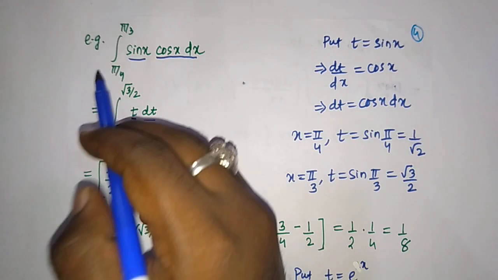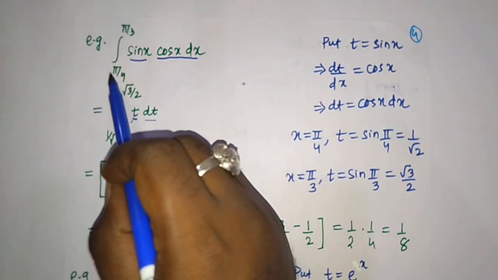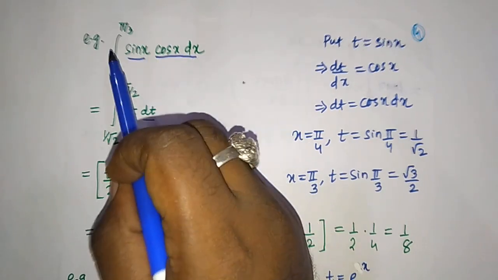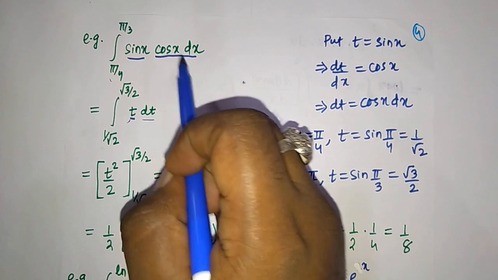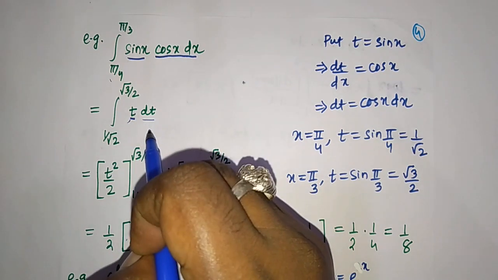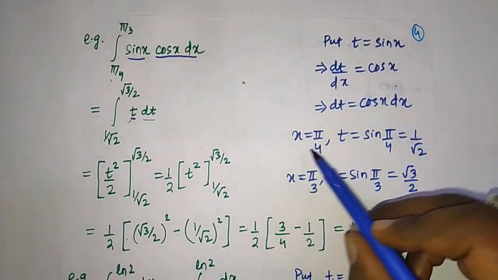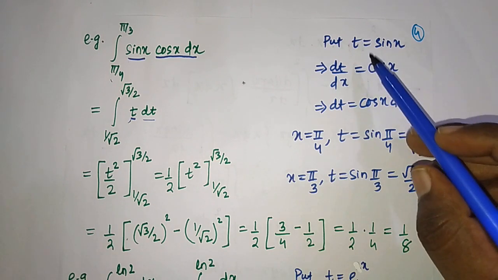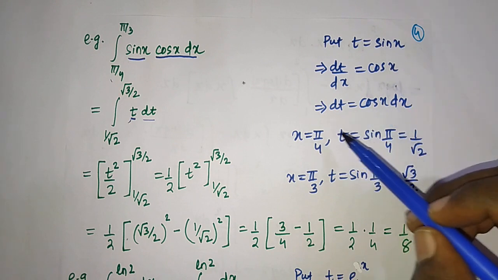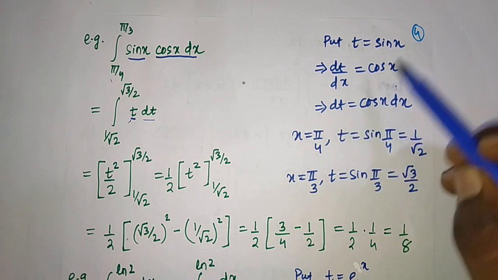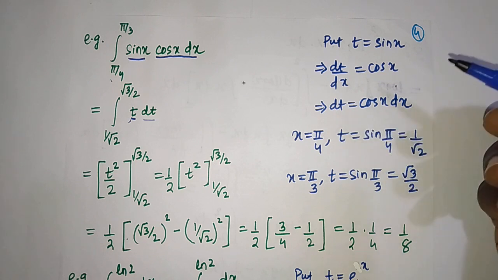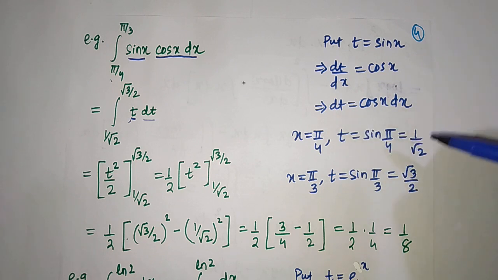Okay, now see how we will change its limits. Here pi by 4 and pi by 3 are there when the given question is in x format. Here we have changed it into t format. See, when x equal to pi by 4, we have taken t equal to sin x, so put pi by 4 in place of x, so t equal to sin pi by 4, and sin pi by 4 is sin 45 degrees, that is equal to 1 by root 2, so here I have written.